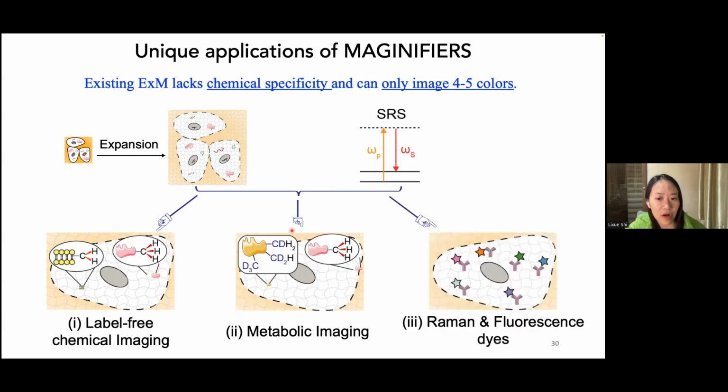Finally, MAGNIFIERS enables mapping the nanoscale locations of multiple protein markers in mouse brain tissue by applying multiplex Raman labels and some conventional fluorescence probes. So, to echo the theme of multiplex imaging, I hope to further elaborate on multiplex nanoscale imaging a little bit.